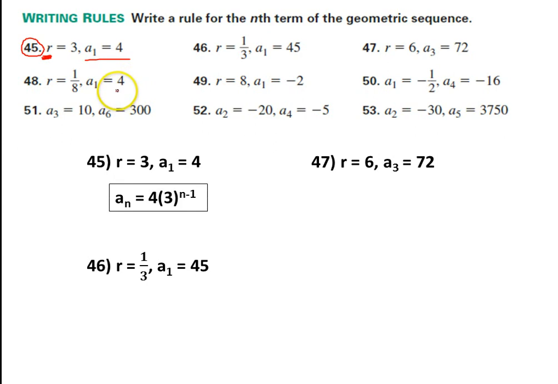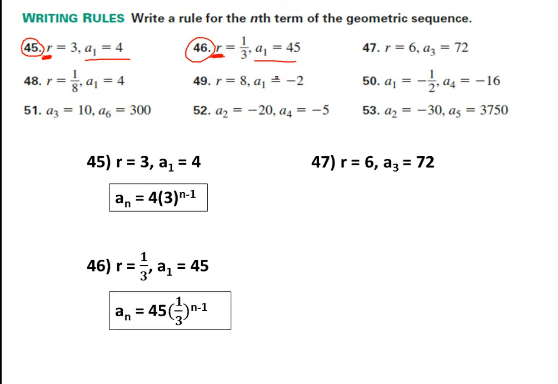So a sub n equals 4 times 3 to the power of n minus 1. 46, same thing. There's an R, you know it's a ratio, you know it's geometric, and they give you a sub 1, plug it in. So 45 times 1/3 to the power of n minus 1.